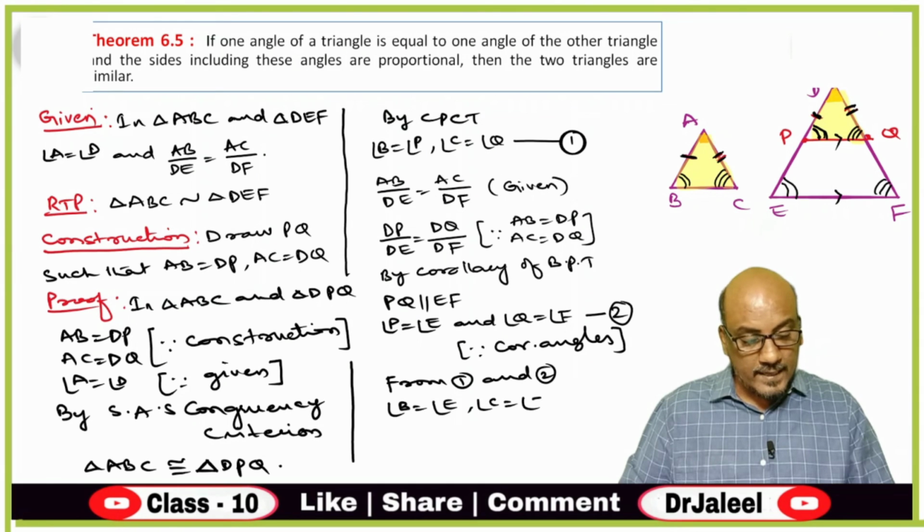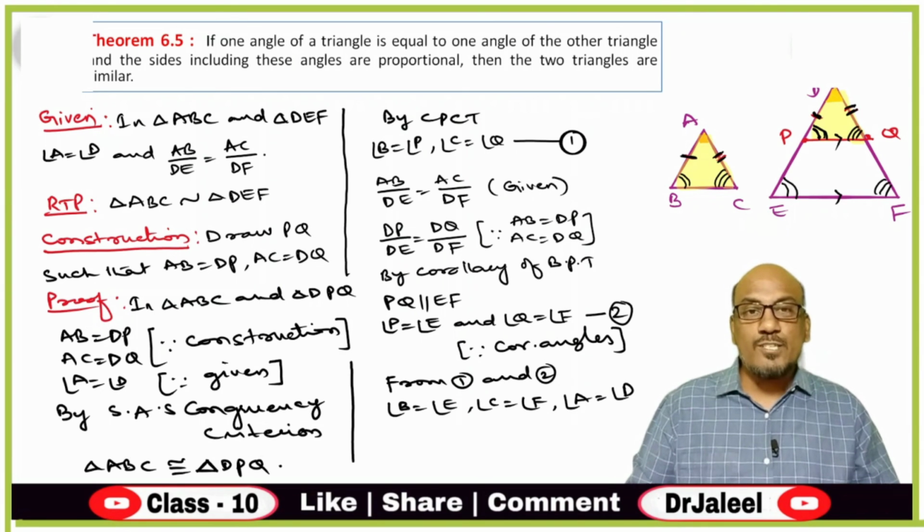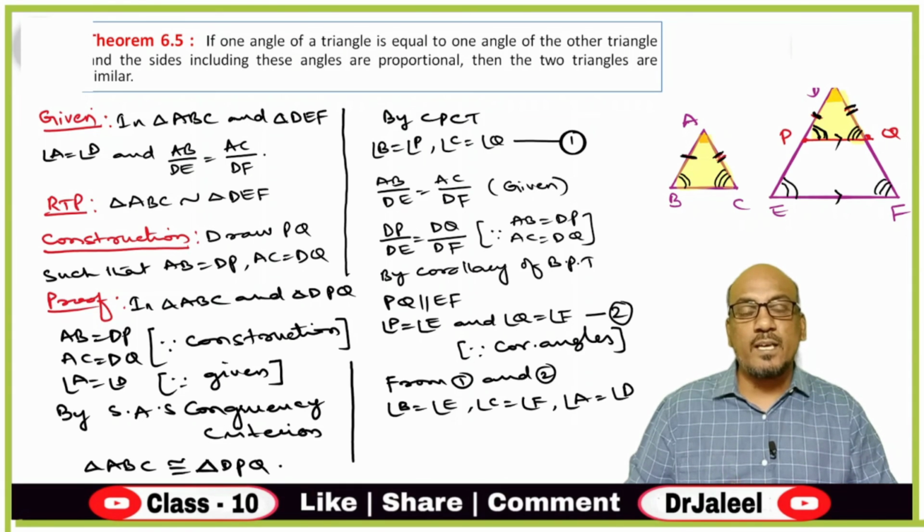C is equal to angle F, and we anyhow know that angle A is equal to angle D because it is given. So now children, all the three angles of one triangle are equal to the three corresponding angles of other triangle. So by which property or which similarity criterion? AAA similarity criterion.